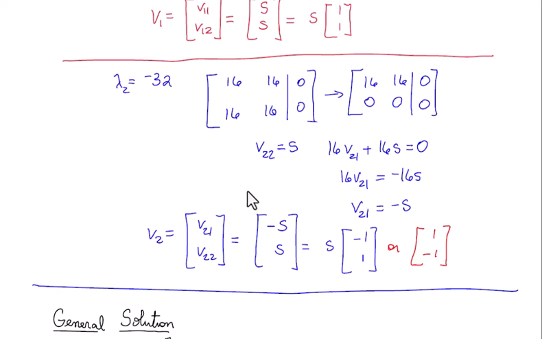Same trick, V22, because it's from the second one, is S, and then I can solve for V21 as minus S. All right, so V2 then looks like that, and I can write that as S times minus 1, 1, or the book likes to write it the other way as 1, minus 1, but either one is actually correct. So I now have my eigenvalues, I have my omegas, I've got my eigenvectors.